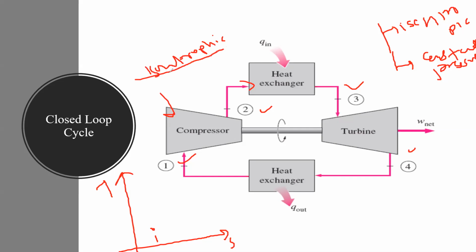Once again I repeat this concept. An isentropic process means the process in which an adiabatic plus reversible process is performed. So what is meant by adiabatic? Adiabatic means your total heat is constant.